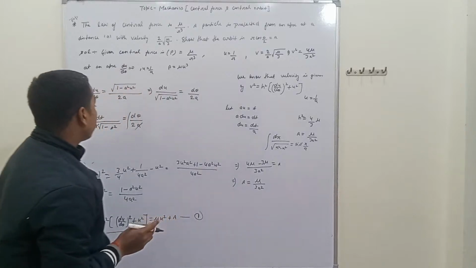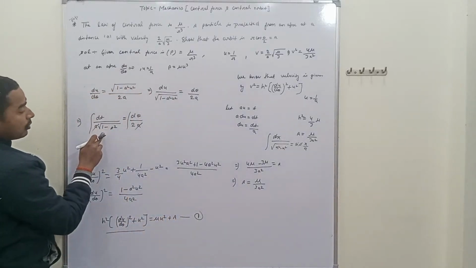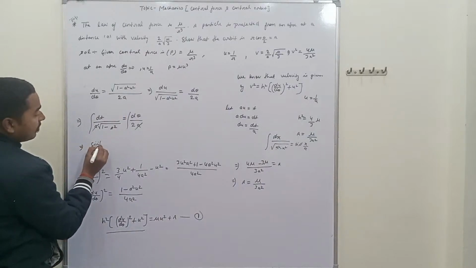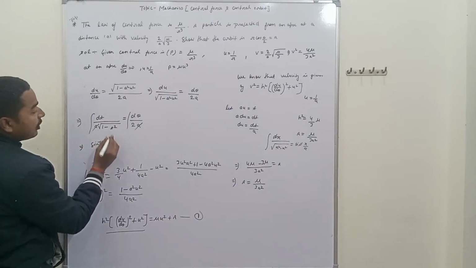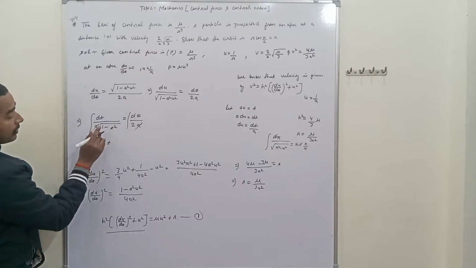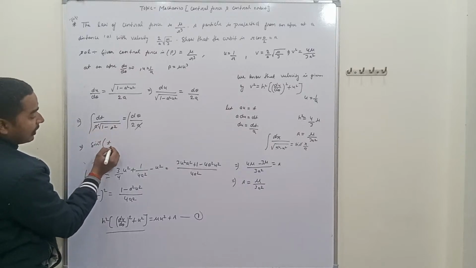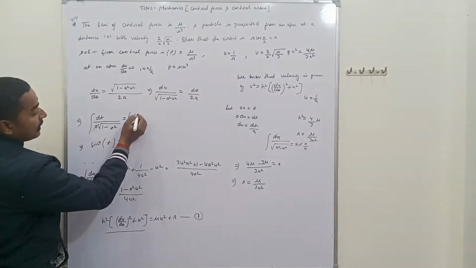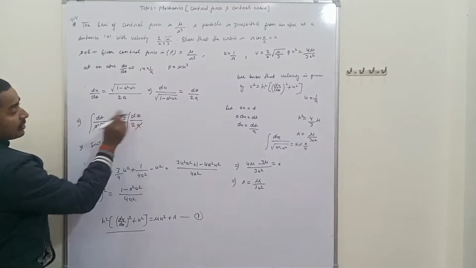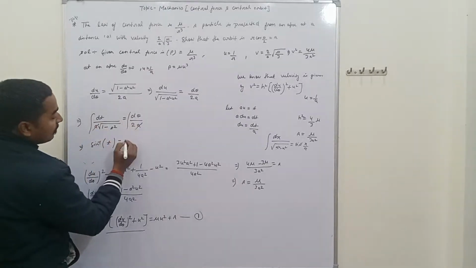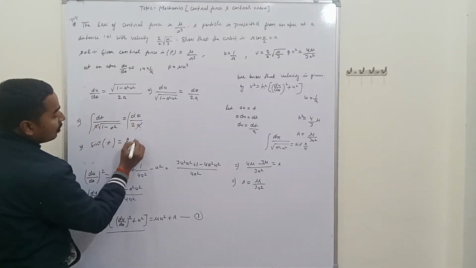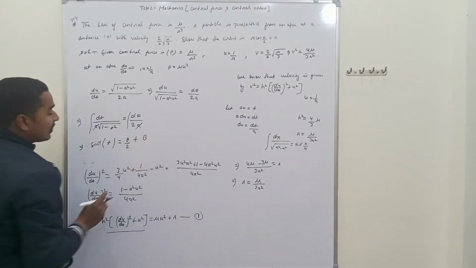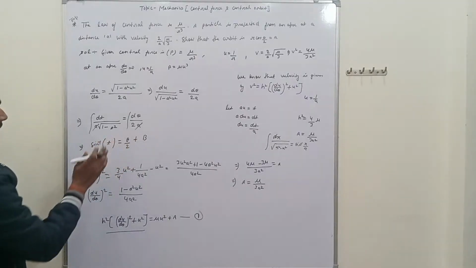So we write here dt upon under root of 1 minus t square as sine inverse of t upon a; here in place of a we write 1, nothing to change, so we write only t, is equal to, integration of d theta is theta, so theta upon 2, and taking the constant as b. Further, we have to find the value of b here.